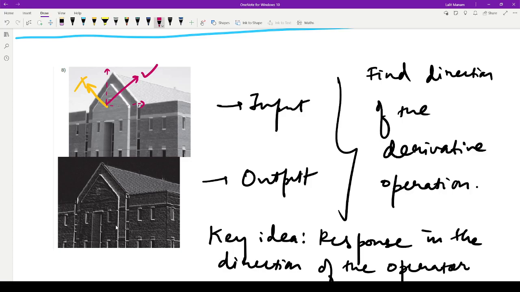Of course, this will capture this, so you have this vertical edge being captured, but it is not as strong as this one. Again, for the same case, if you see these two out there, they are not as strong as this one. So what I would like to say is this is the strongest response among all other directions.